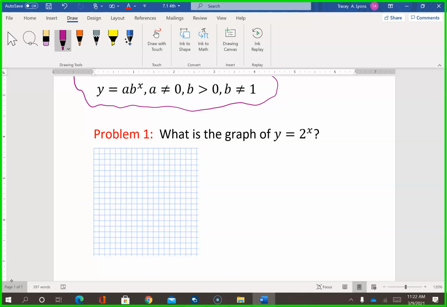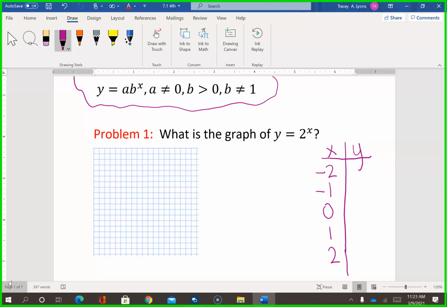So for the sake of this one, we're just going to plug in a bunch of numbers. I'm just going to do a little XY table until you know what it looks like. It didn't say anything about the exponent spot.